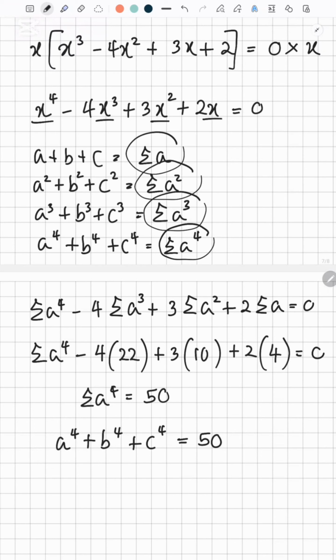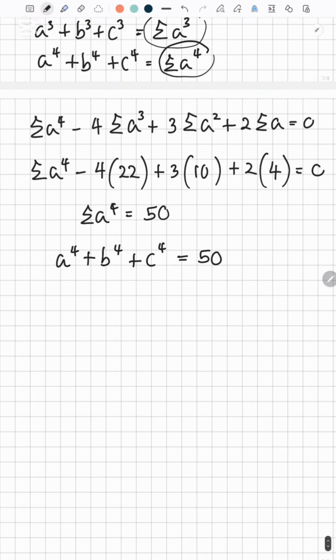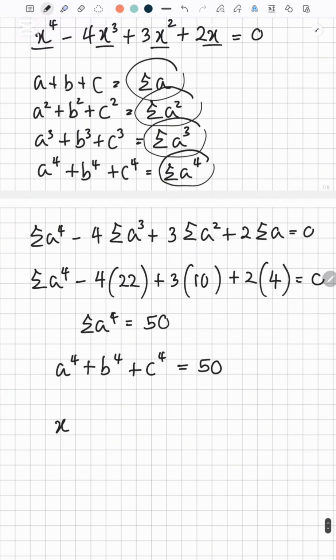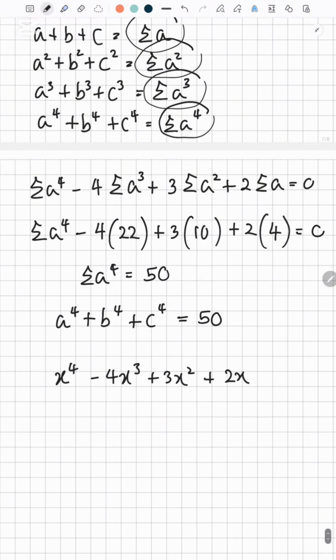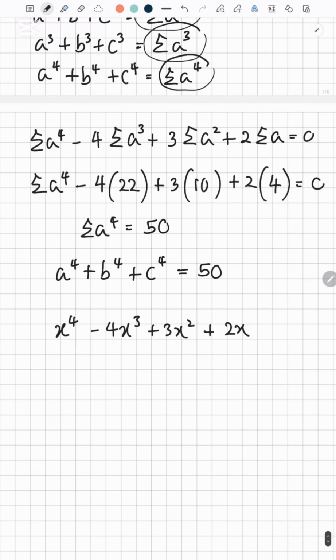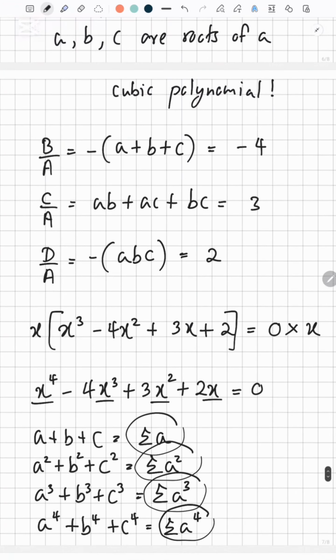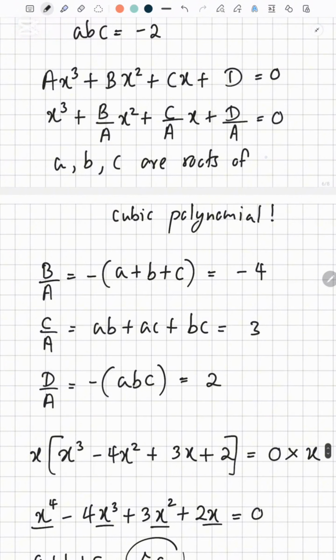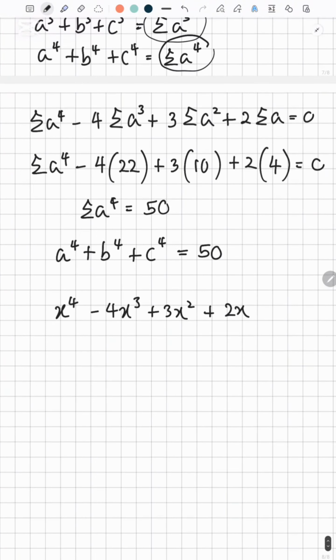Okay, so this is how we do this question. I hope you all understood. If you find it difficult to understand this, what you can also do is write your quartic equation. Okay, so a, b, c are the roots, right? Remember I told you earlier? a, b, c are the roots of this cubic polynomial.